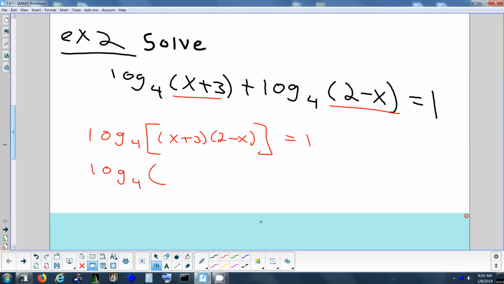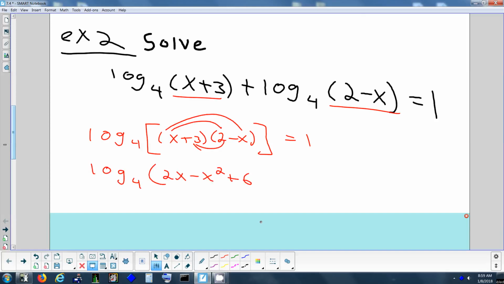So we're going to have log base 4 of, Paige, what's x times 2? 2x. And Molly, x times negative x? Well, negative x times 1 would be negative x, so it's going to change. Negative x squared. So negative x squared, 3 times 2 is 6.